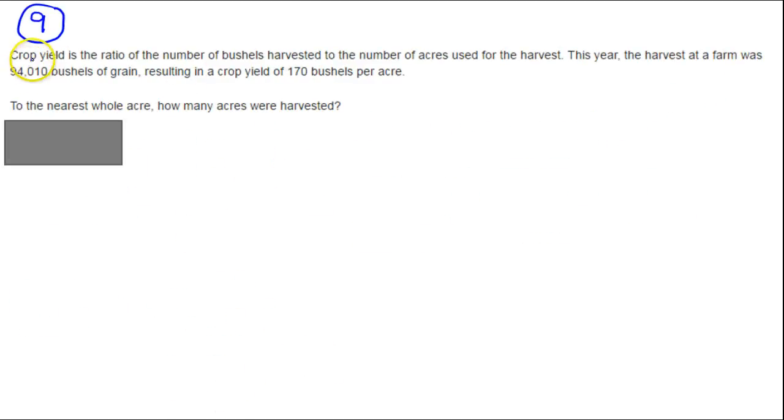Okay, here we are again. Crop yield is the ratio of the number of bushels harvested to the number of acres used for the harvest. So we just talked about that. Again, I will write that as a formula. Crop yield is equal to the number of bushels harvested divided by the number of acres: yield, bushels, acres.